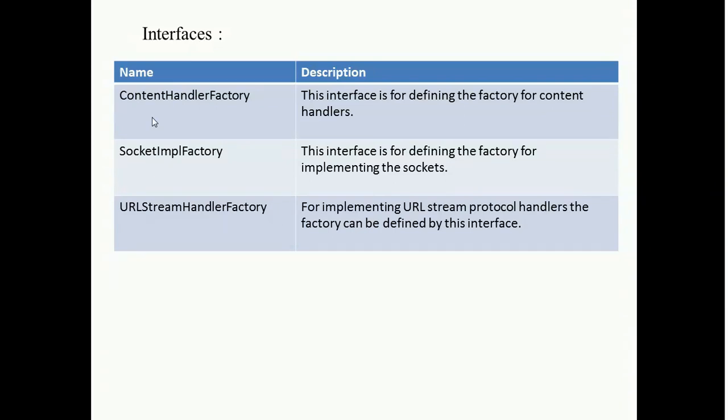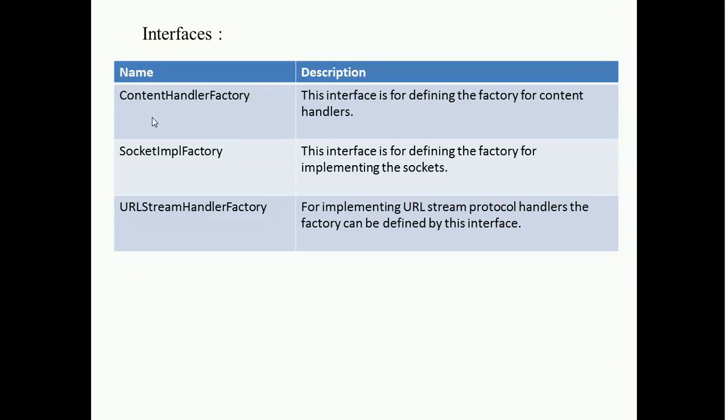This interface is for defining the factory for content handler. Second, SocketImplFactory. This interface is for defining the factory for implementing the sockets. And third is URLStreamHandlerFactory. For implementing the URL stream protocol handler, the factory can be defined by this interface.